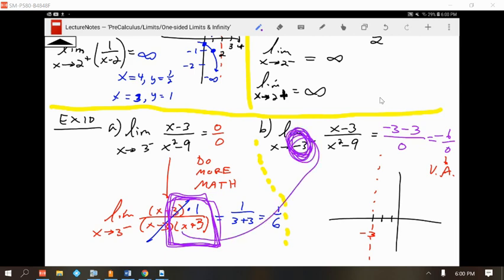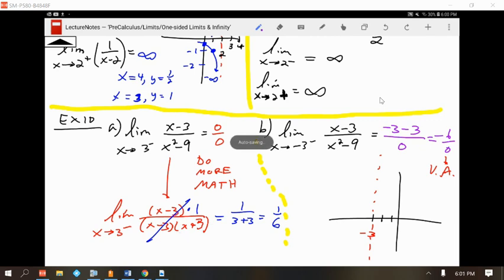Plus 3 makes the original denominator equal 0, but when simplified, +3 does not make the denominator 0. It makes the denominator 6, because 3 plus 3 is 6. Anyway, I just need to figure out what's happening at -3.